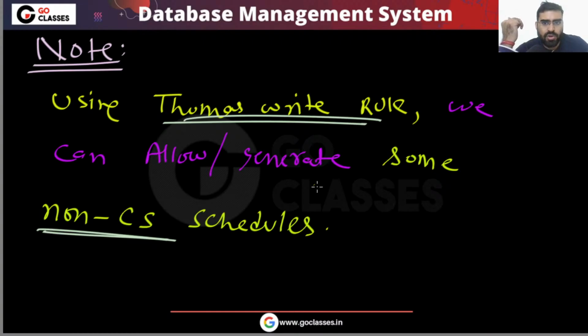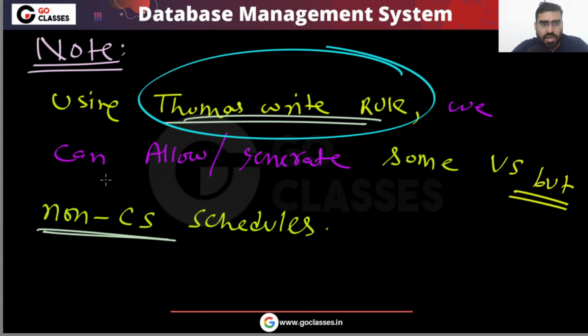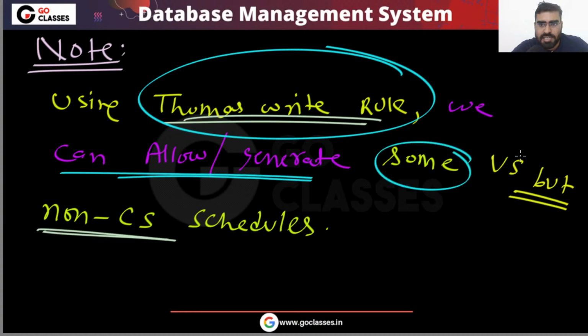And you can generate some non-conflict serializable schedules which are view serializable. The example we have already seen: using the Thomas Write rule, you can generate some view serializable but non-conflict serializable schedules.